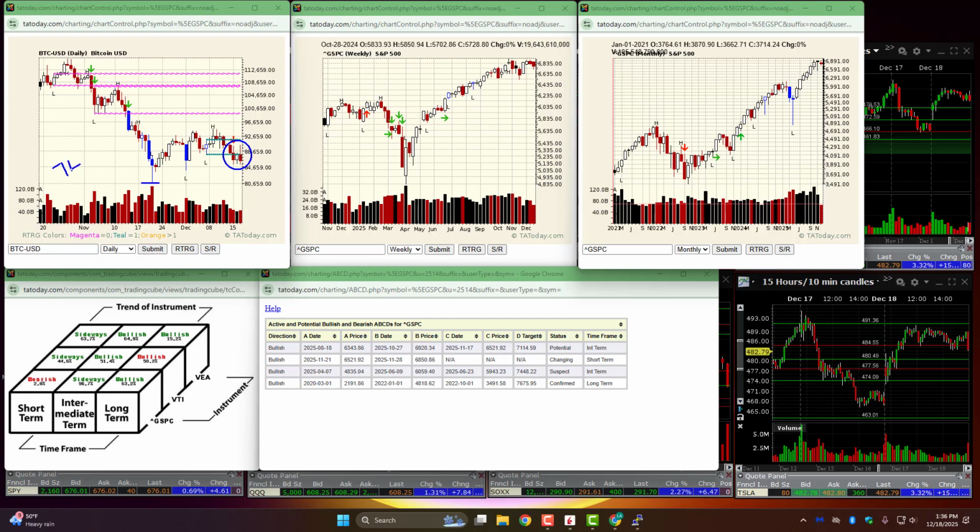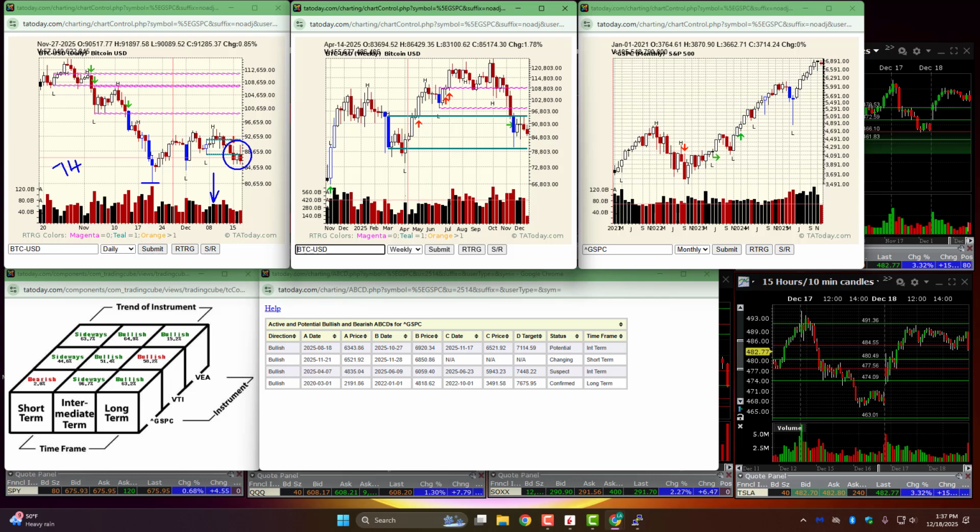If it gets past 74 on the way down, this bull market's over. And I can show you that over here. I'll just type it in. We'll look at it. Here's your 74 number, 74,436. This swing point low. You break that guy, you've actually turned your trend, and it's going to be bearish. And so this is kind of a critical area.